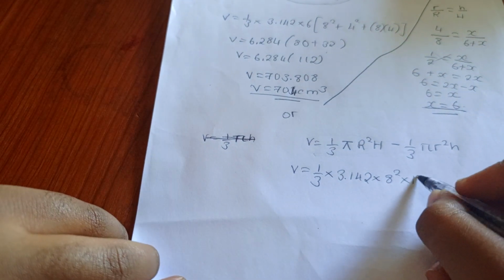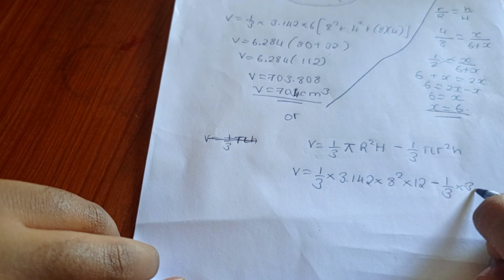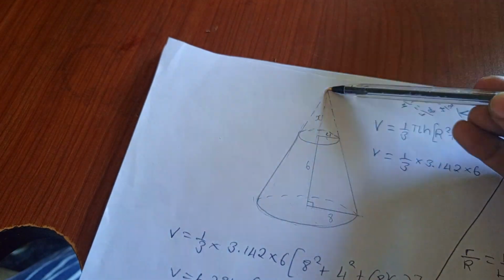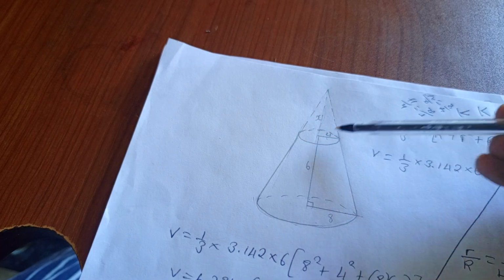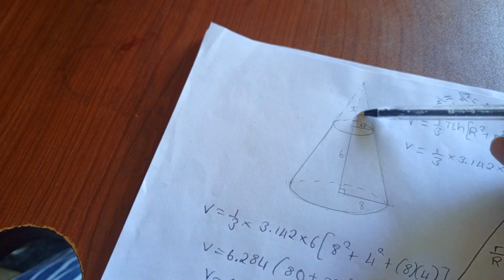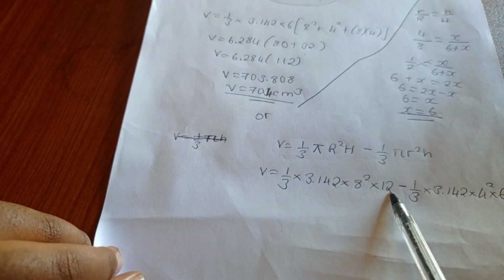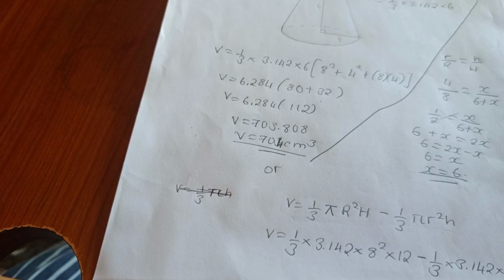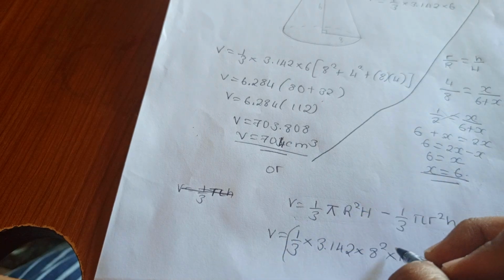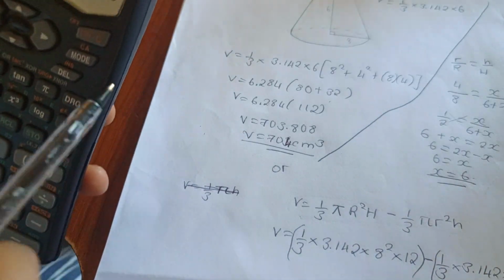So this will be 12 here, minus 1 over 3 pi, 3.142 times the small radius 4. So it's 4 squared times the small height, where x is 6. Now we can solve the equation. If you put them in brackets, they can easily be solved on the calculator. So we punch in all the numbers here.